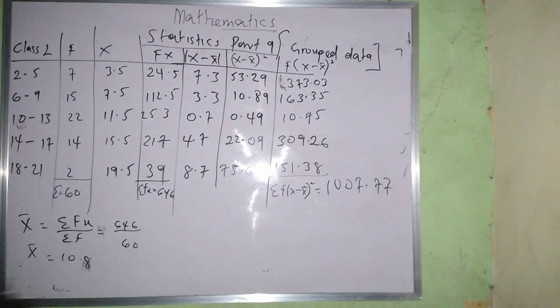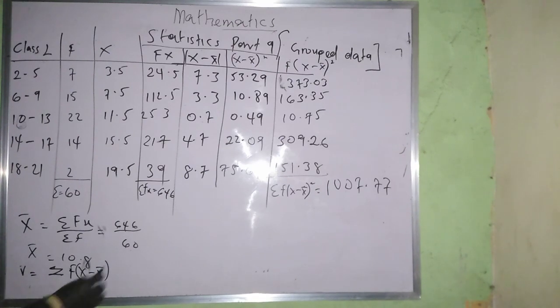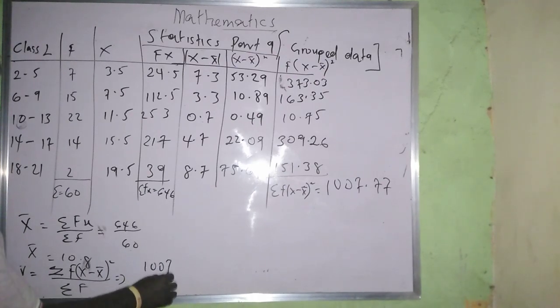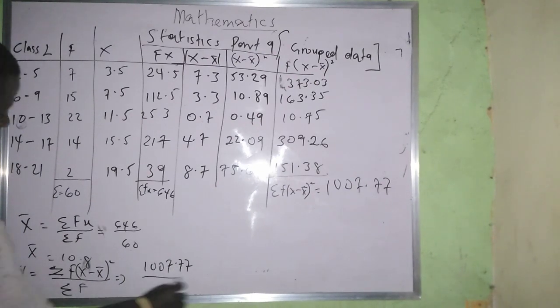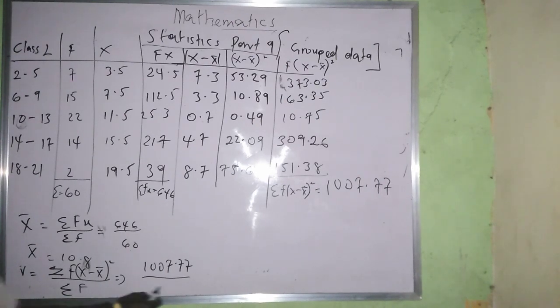Now it means my variance is the summation of f times x minus x bar all squared divided by the summation of f, which implies I will now have 1007.77 divided by my summation of f, which is 60.